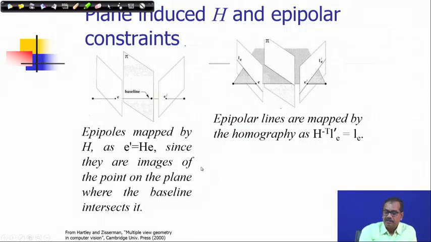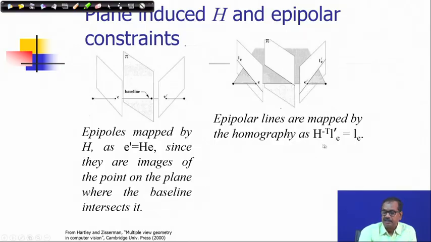Similarly, we have mentioned corresponding epipolar lines, which are lying on the same epipolar plane, and any particular line lying on the same epipolar plane also forms the plane induced homography, because once again the plane which is inducing and points are lying in that plane, and any intersection of that plane with respect to the epipolar plane will satisfy this constraint.